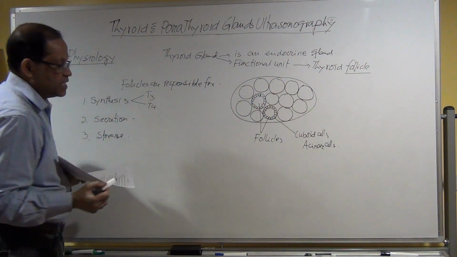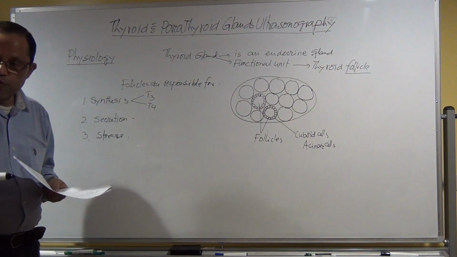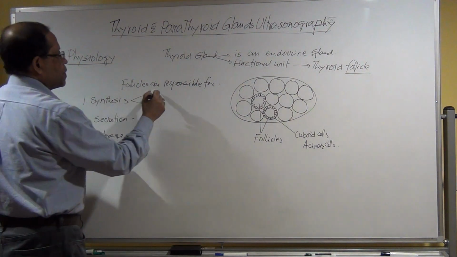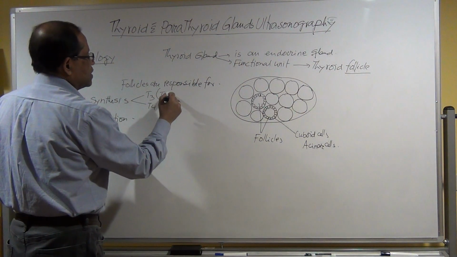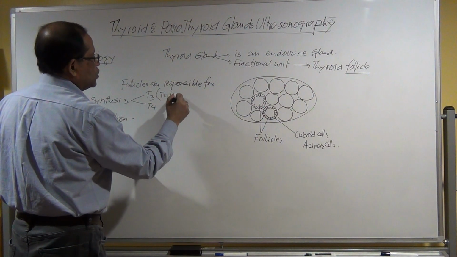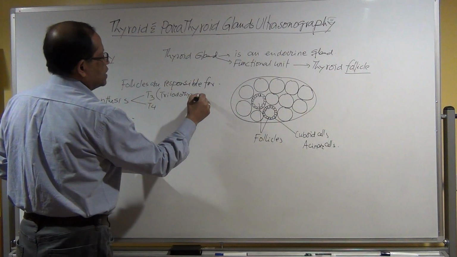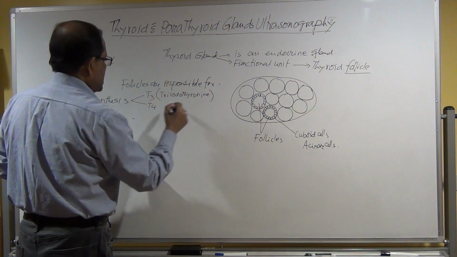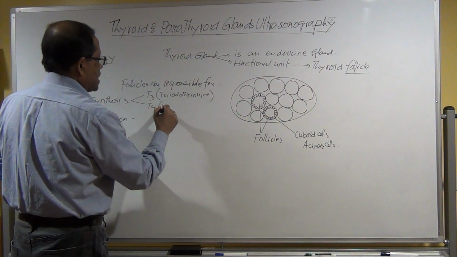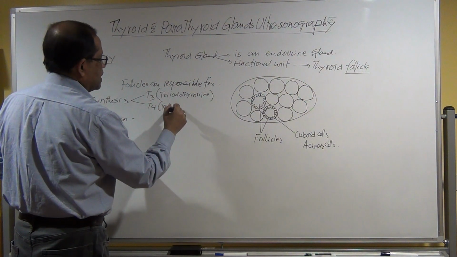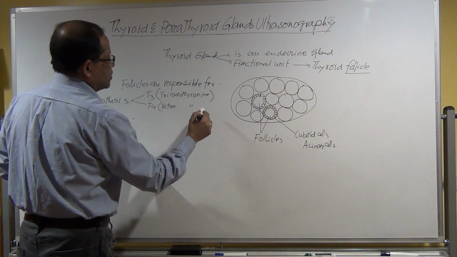So T3 is called triiodothyronine, and this is known as tetra. Tetra means 4. Tetraiodothyronine.